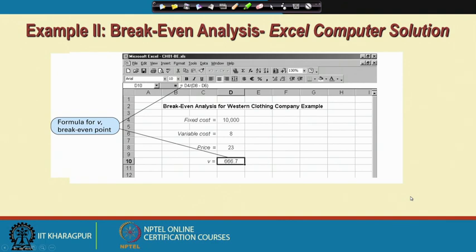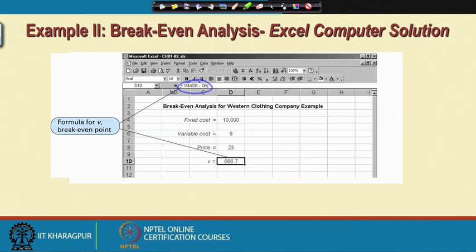Now go to the Excel sheet again. This is the Excel view, and here is the break-even analysis. Again, the fixed cost structure is there, the variable cost structure is there, and the price is like this, and you want to check the break-even quantity. We have already calculated it, so this is the formula written here: fixed cost divided by price minus variable cost.